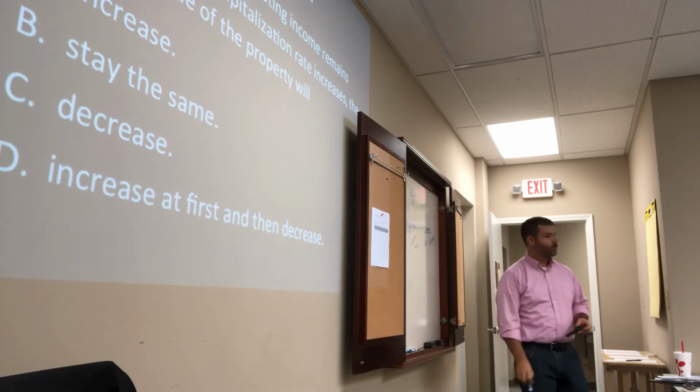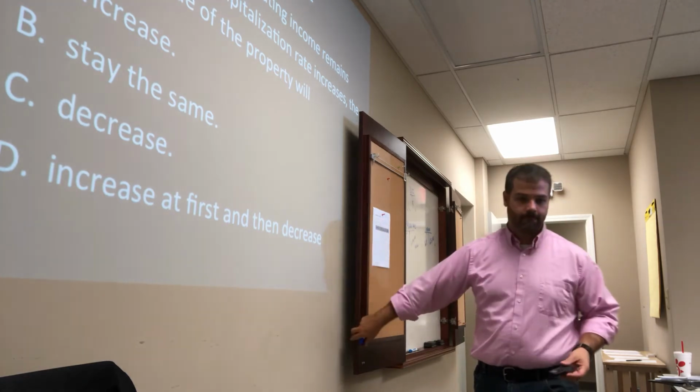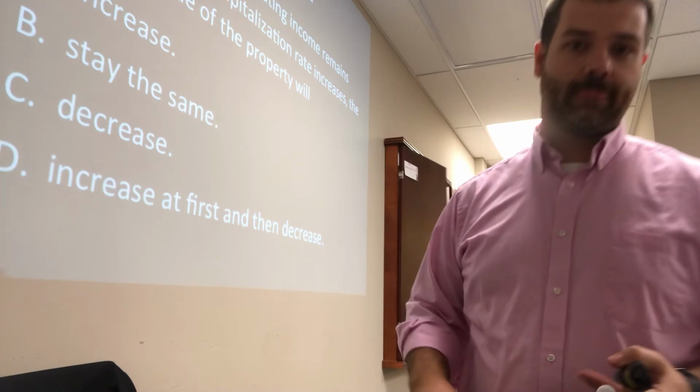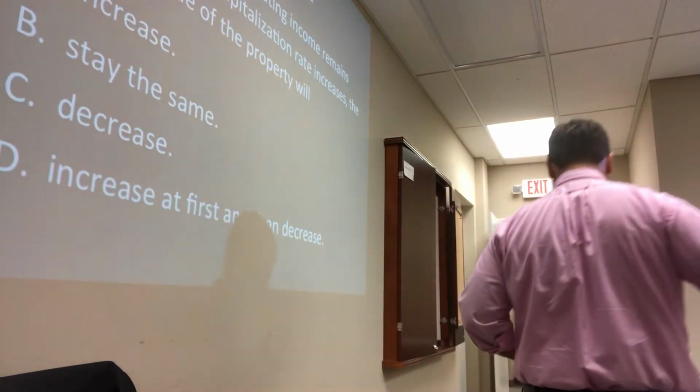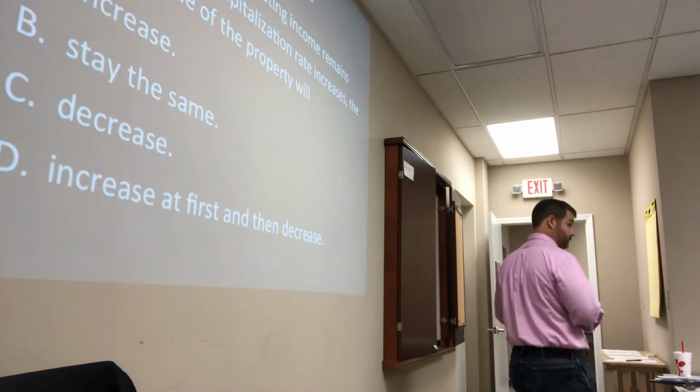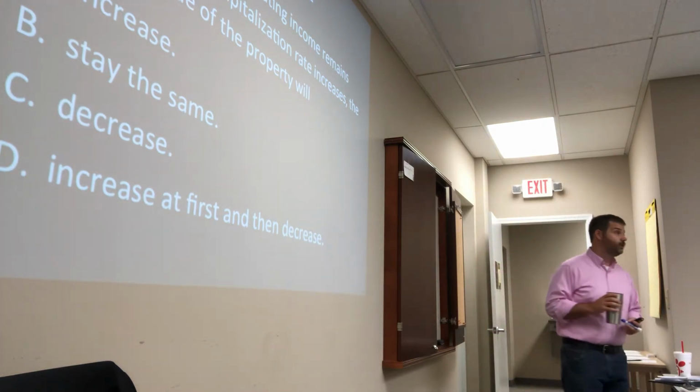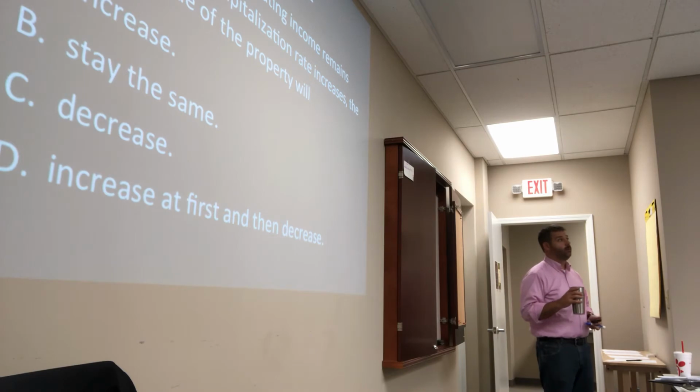Just so I understand how this works, how does the net income remain the same and the capitalization rate goes up? Your cap is a percentage on the value. Ultimately it has to do with NOI, how much it's making.